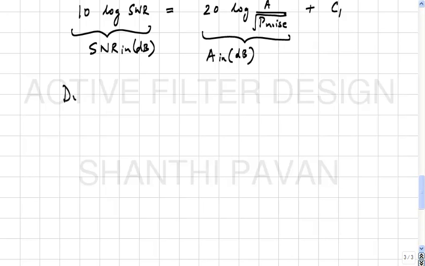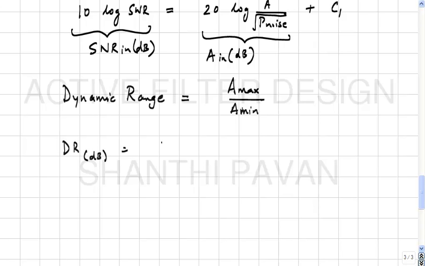So, dynamic range is A max by A min, or dynamic range in dB is A max in dB minus A min in dB, right.